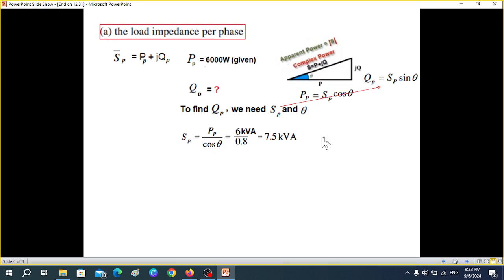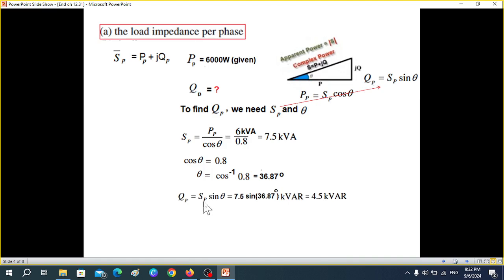So SP in kVA becomes 7.5 kilovolt ampere. Also, from cosine theta being 0.8, we can find the angle theta, which is 36.87 degrees, taking cosine inverse of 0.8. So we have found SP, we have found theta, then we'll find QP.